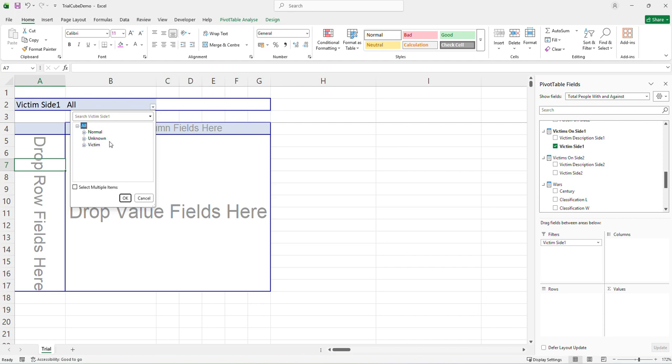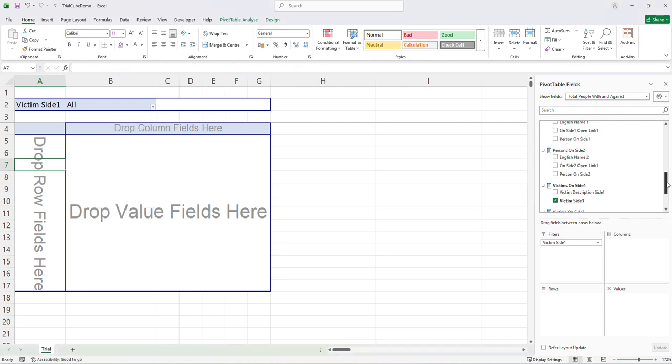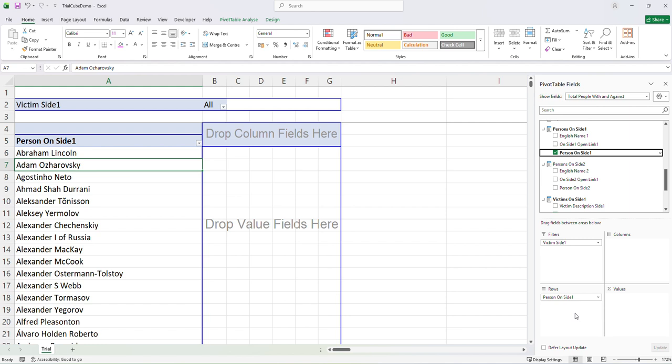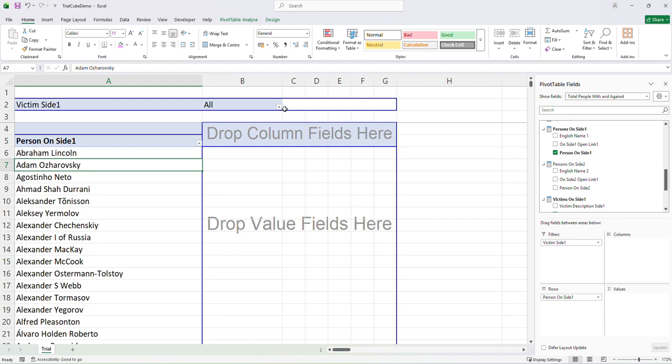It's just a mechanism of the offline cube to bring in one extra value. So we will be using this as a filter. And then I'll bring in person on side one, to find the people on side one who are the victims.